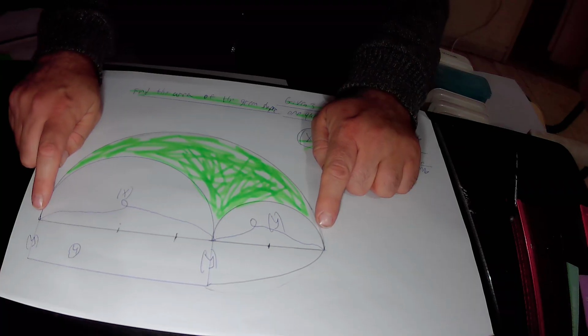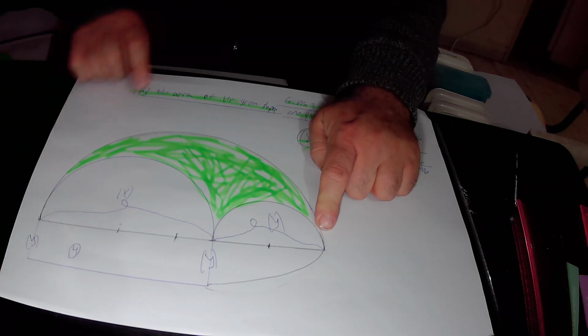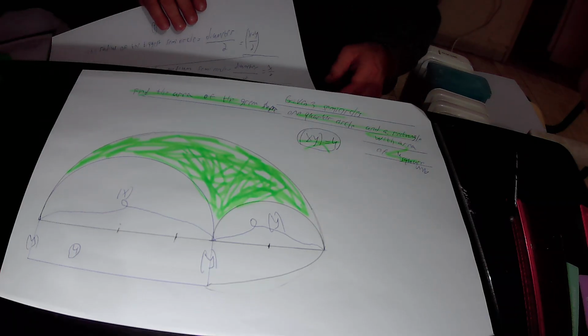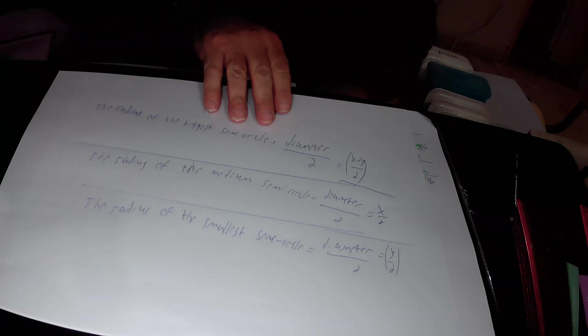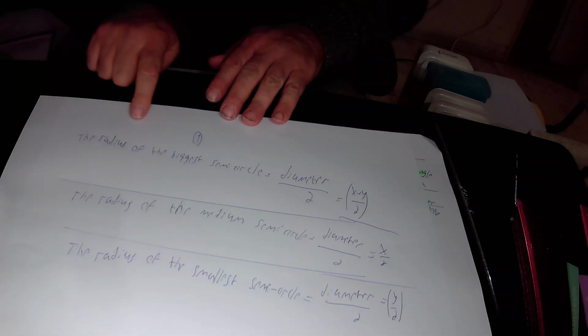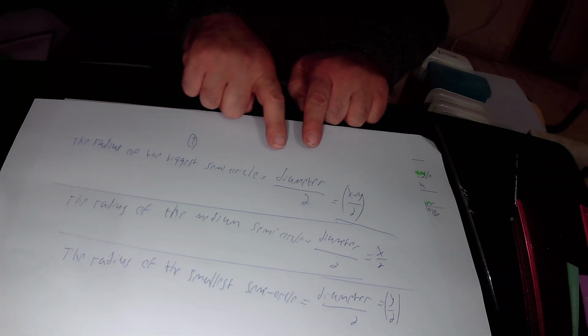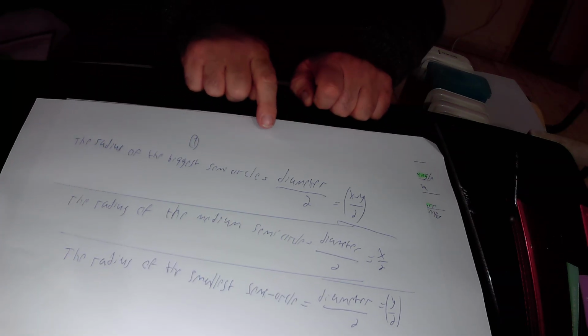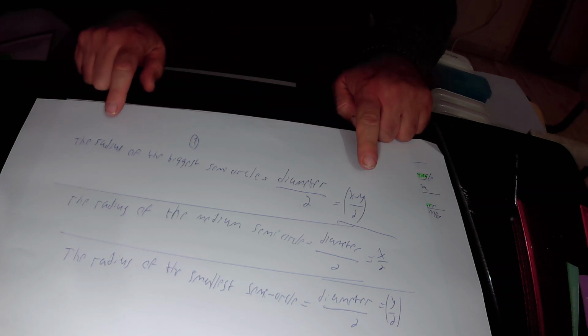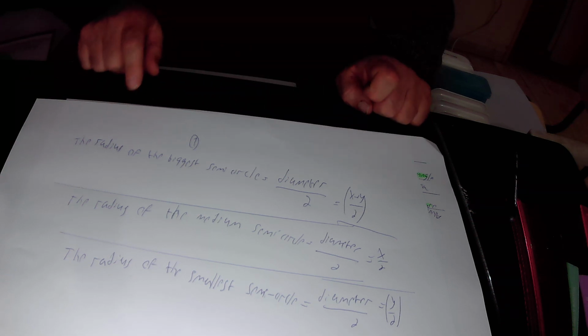The diameter is x plus y, therefore x plus y over 2 is the radius of this biggest semicircle, in units of length.